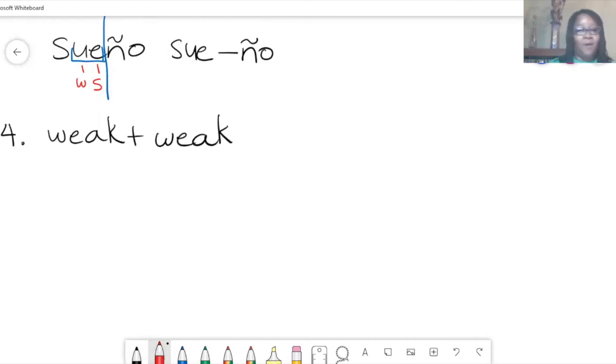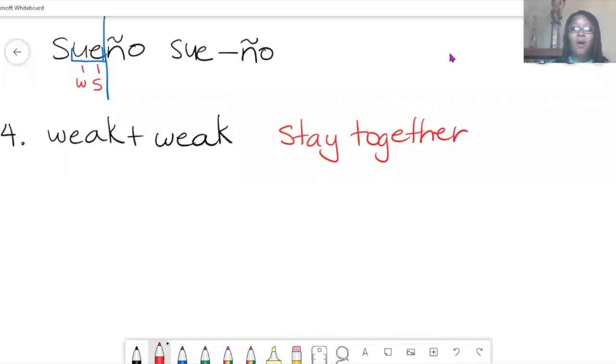By default, if you have the two weak vowels standing side by side, they have to stay together because they cannot operate on their own. On their own, they would surely fall apart. So we do have cases where you're going to have two weak vowels being together.